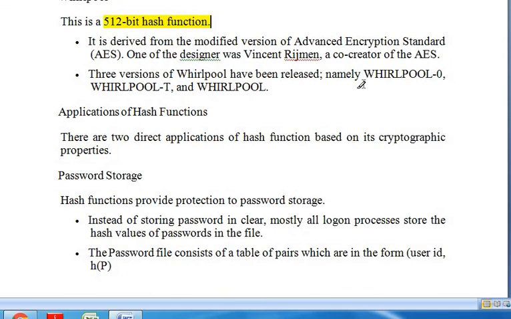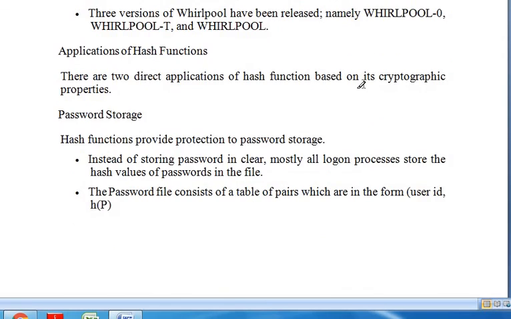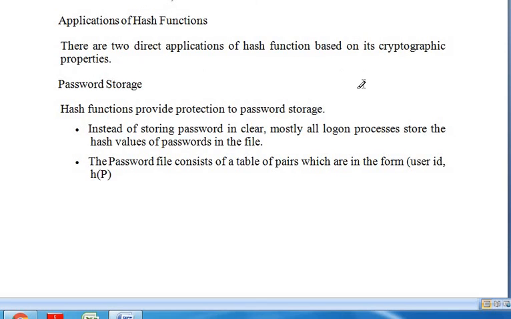Understood? It is used for password storage, for all the login passwords. The application of the hash function is that the server stores your password in the form of a hash value.